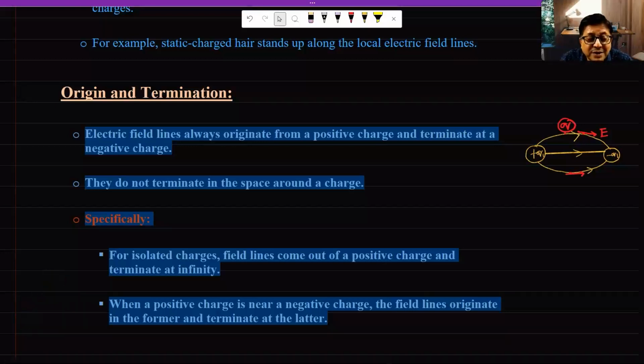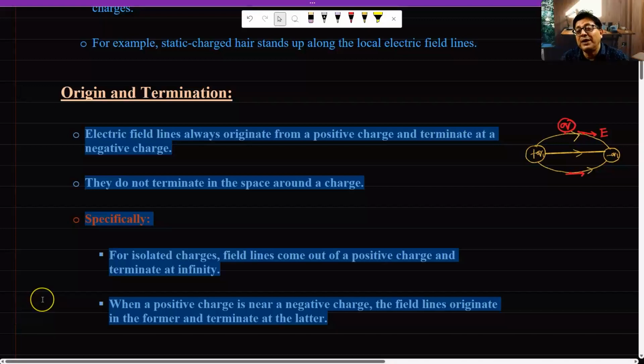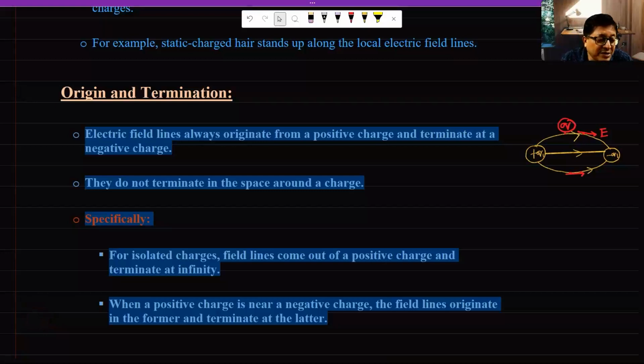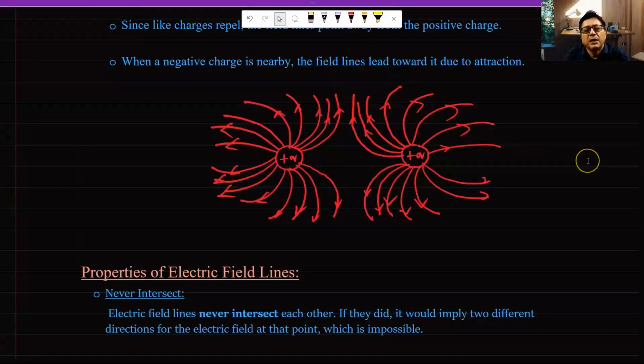This way we can visualize electric field lines. We can understand what will be the direction of field line due to a single charge, due to a group of charges. Maybe 3 charges also there. I'll discuss with examples. Now, when you are plotting electric field lines like this, a question arises.